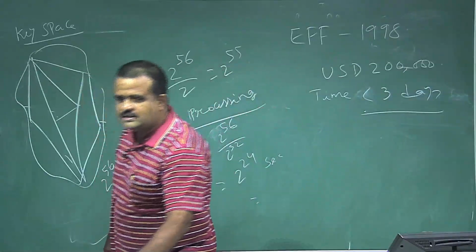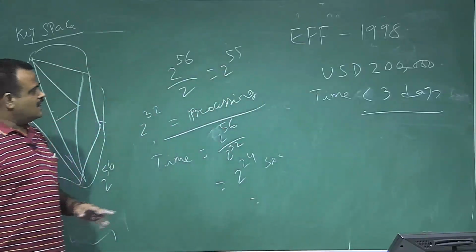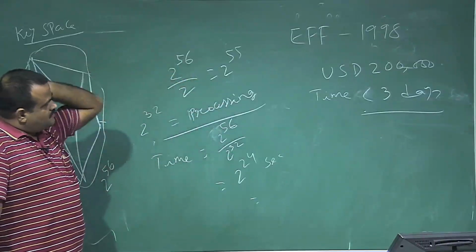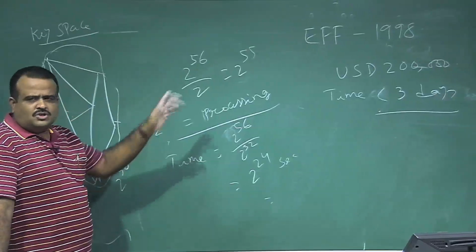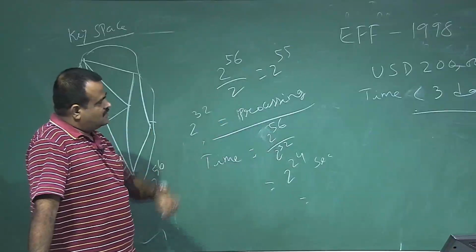So this is an exhaustive search attack on DES. This is a hardware implementation by the Electronic Frontier Foundation, and there are many software implementations of the exhaustive search attack on DES.